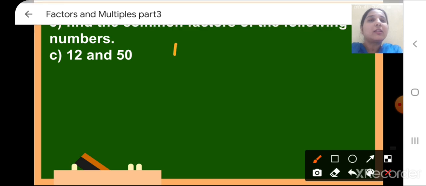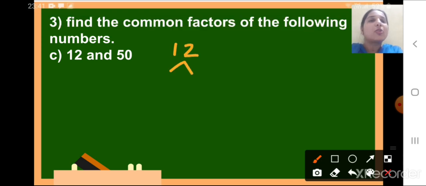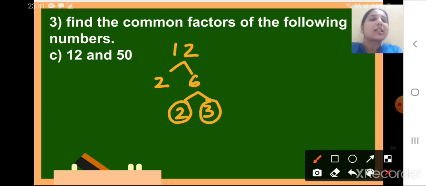We will factorize 12 as 3 4s or 2 6s. In any way you can do. So let's do it with 2 6s are 12. Then we will factorize it further. 2 3s are 6. And now we'll circle because now we have got the prime factors.